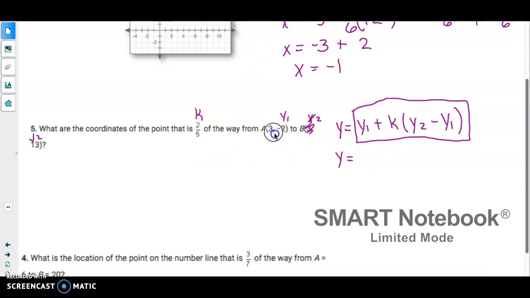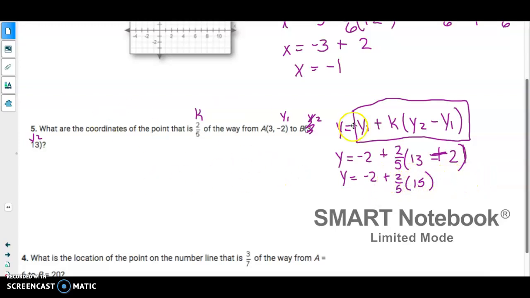I think I crossed that out a little bit. Yeah, negative 2. Negative 2 plus my k, which is 2/5, times my y2, which is 13, minus negative 2. Again, this changes to positive here. Sorry, that's a parenthesis. So y is equal to negative 2 plus 2/5 times 13 plus 2, which is 15.